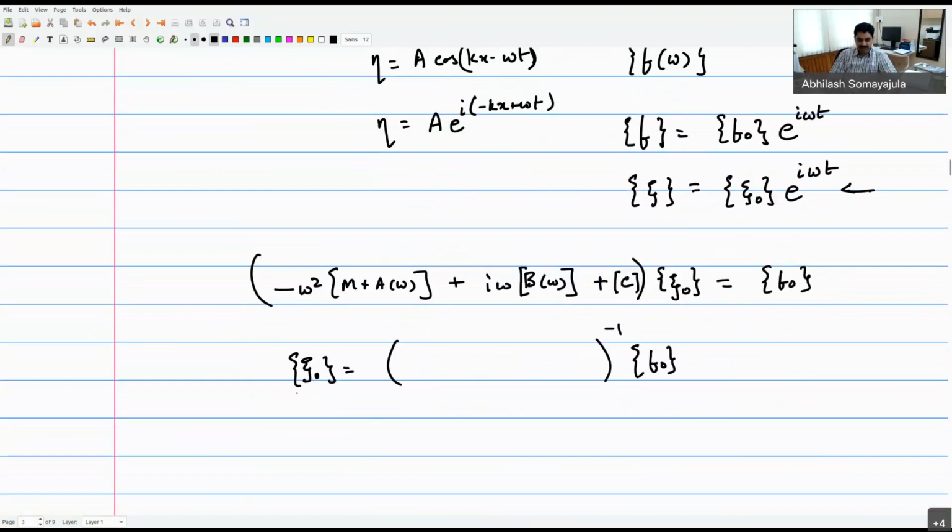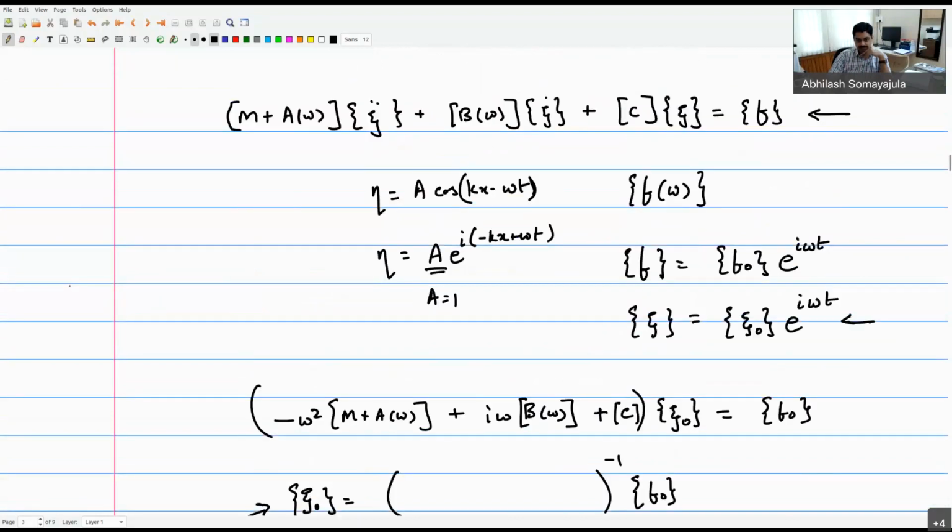Now, what do we call these things? If I assume that the amplitude of these waves is equal to 1, then what I get as the amplitude of the motions, what do we call these? Everybody's following me, yes? No?